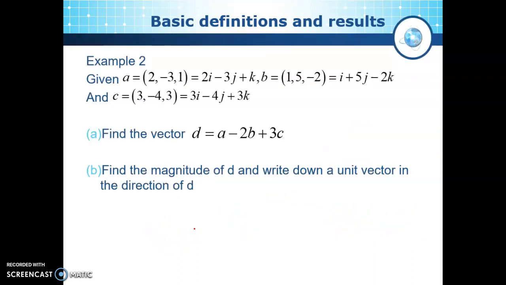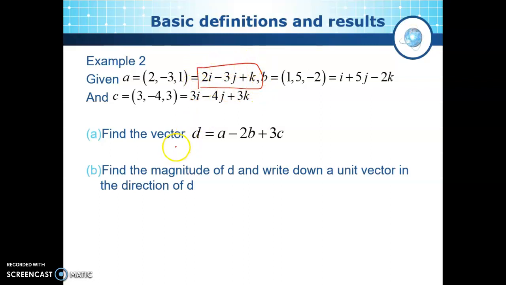Next example, you are given A equals 2, negative 1, 2, that is 2i minus j plus 2k or 3j plus k, and B equals i plus 5j minus 2k. Actually you can give it as 2, negative 1 or in this i, j, k form.